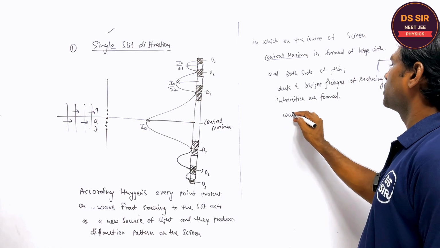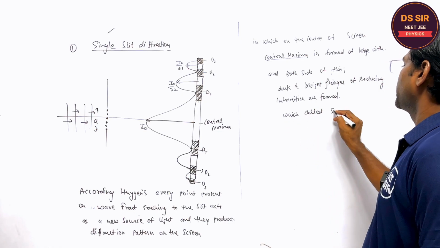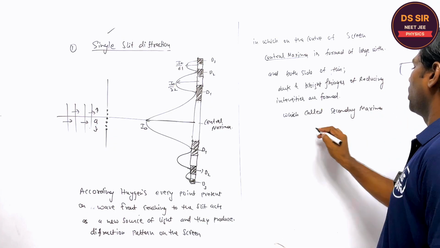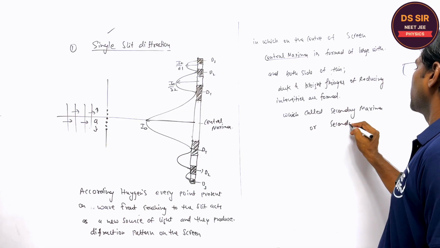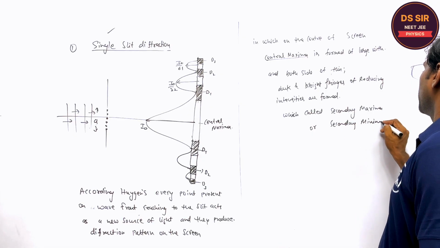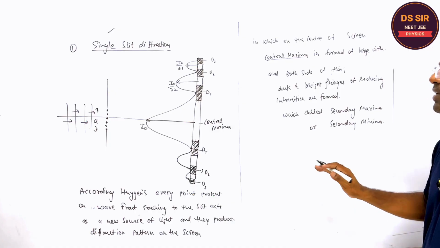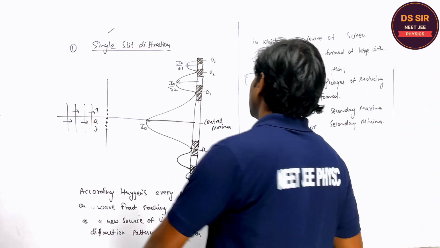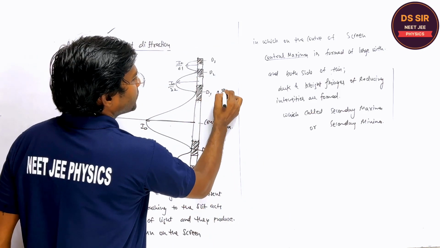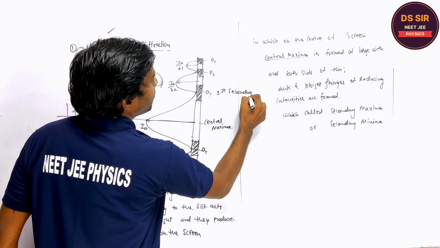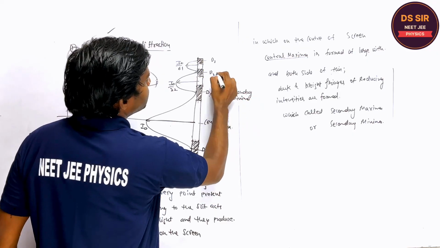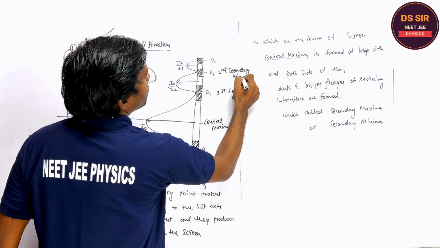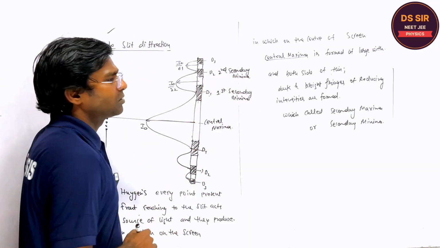Which are called secondary maxima or secondary minima. Not only maxima and minima, in this diffraction we will call them secondary maxima or secondary minima. Listen one thing, this is the first secondary minima, this is the second secondary minima. Are you getting or not?